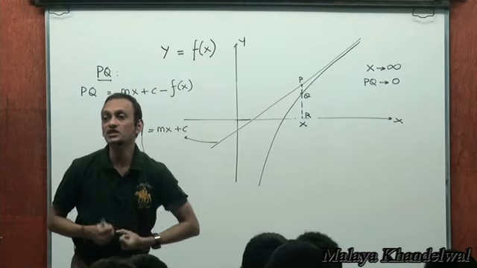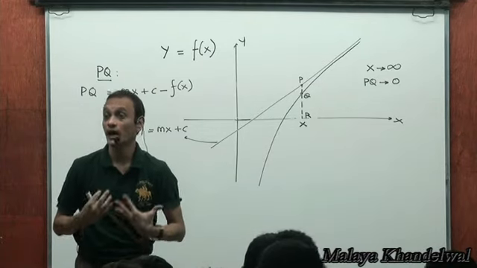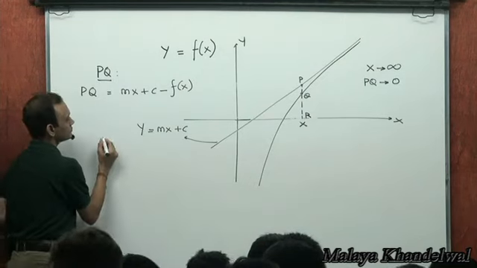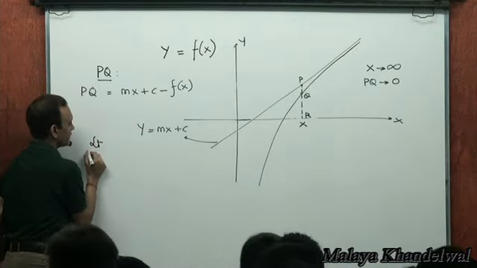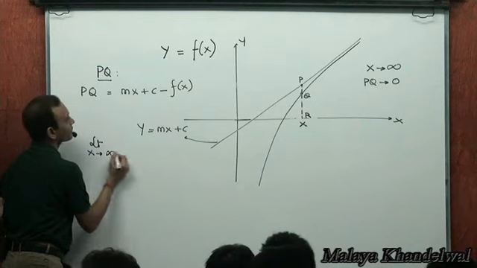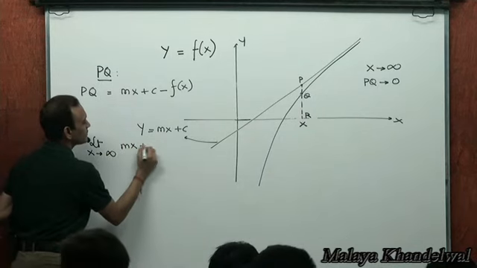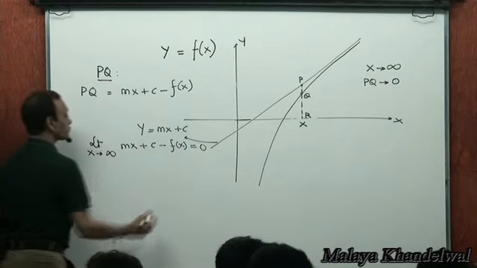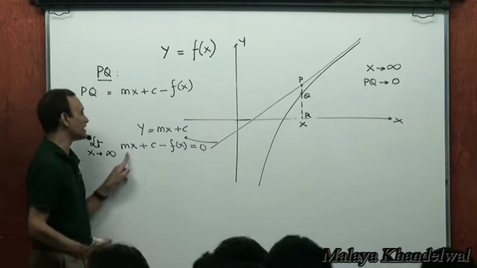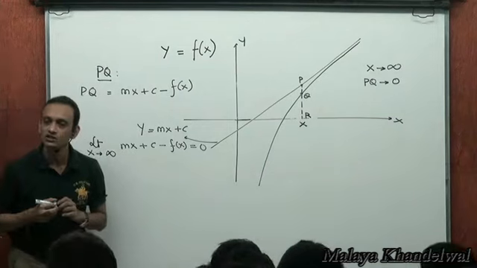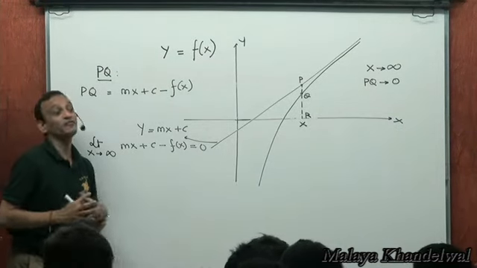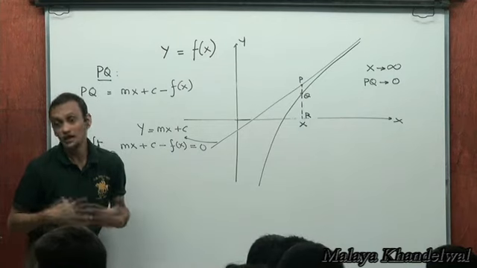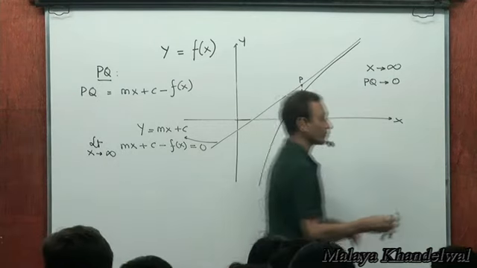I'm seeking to find m and c such that the limit as x tends to infinity of mx plus c minus f(x) is 0. Then y equal to mx plus c will be an inclined asymptote to the curve, right?